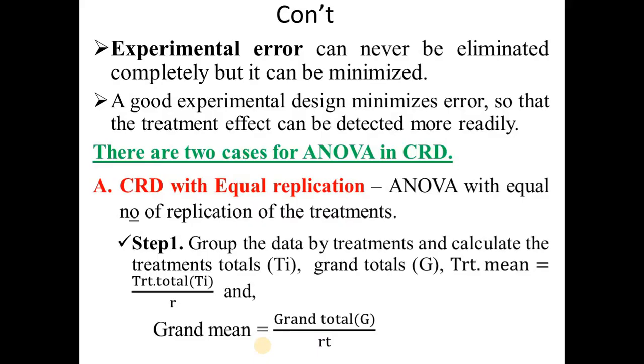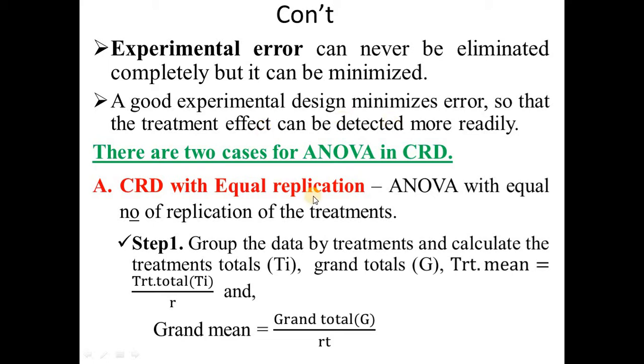That means the experimental error can never be eliminated completely, but can be minimized, and a good experimental design minimizes error so that the treatment effect can be detected more readily.